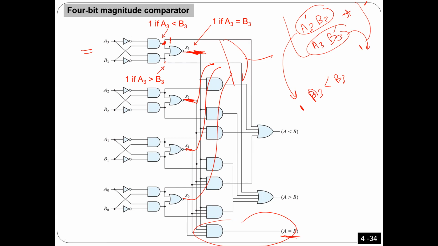If I input these to one AND, the output of this gate becomes 1 when these two bits are equal, these two bits are equal, and so on. So for every 2 bits I have three things: one for equal, one for greater, one for less. And then all I have to do is very simple.